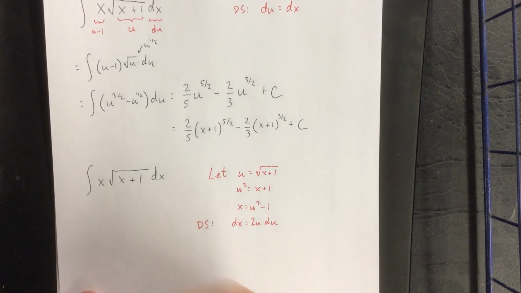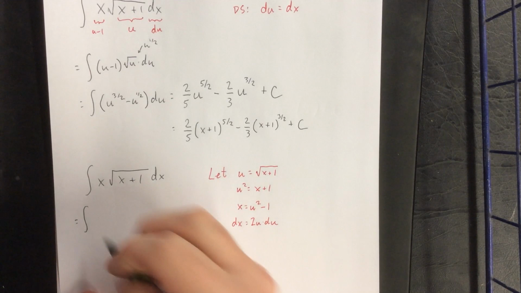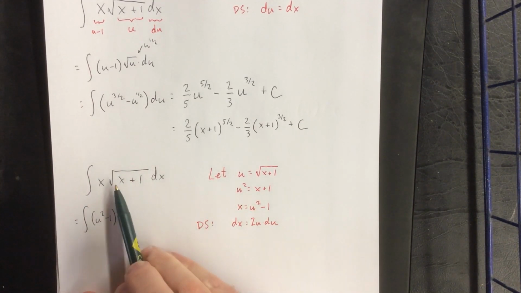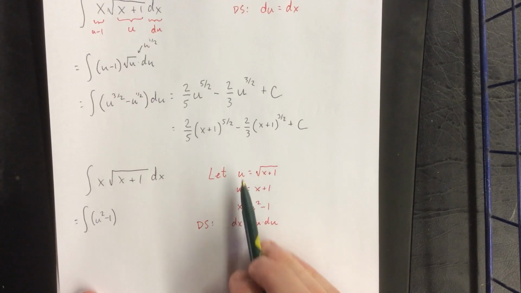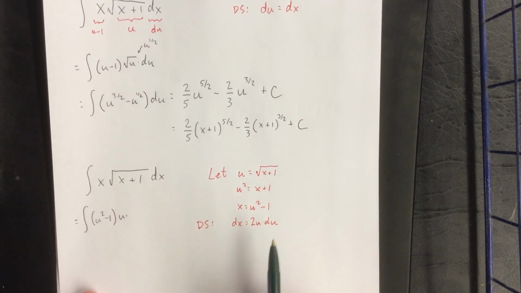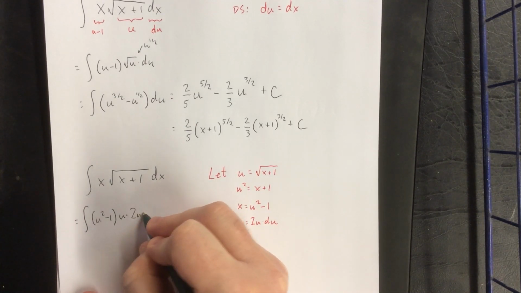So with that in mind, if I make these substitutions, the x will become u squared minus 1. The square root of x plus 1 will simply become u, and the dx will be substituted as 2u times du.